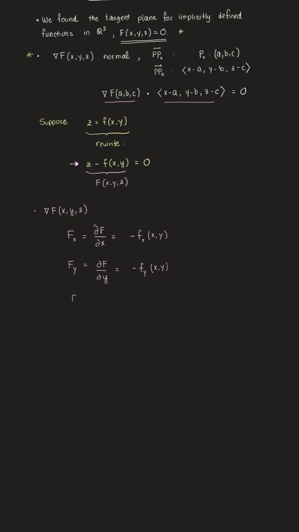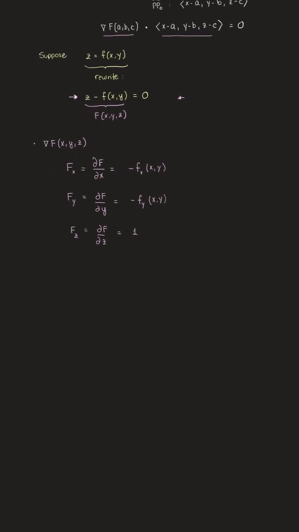And we're also going to need the partial derivative of our implicitly defined function with respect to z. Looking again up here, when we rewrote our function, that's just going to give us a 1 because both x and y are constant, but z is not. So we have our gradient.